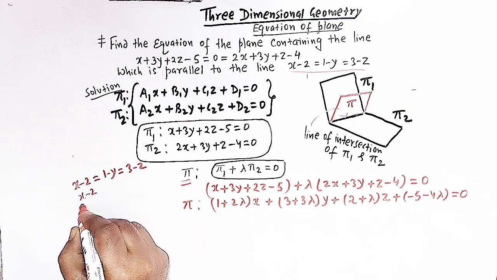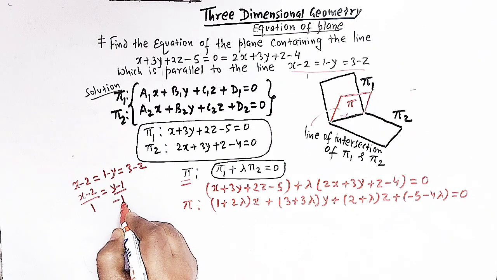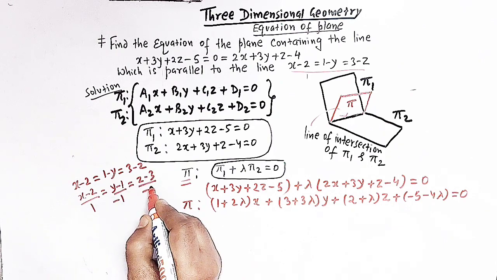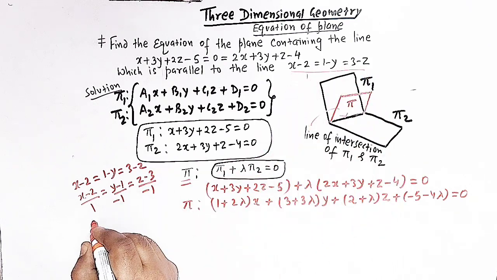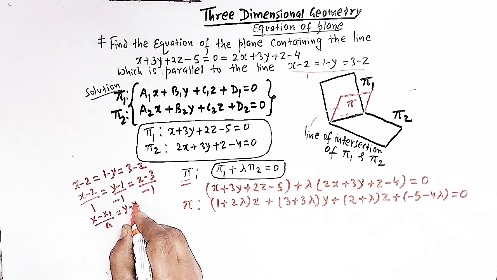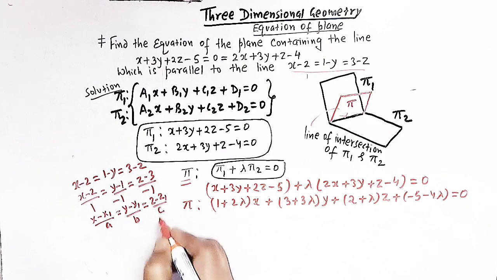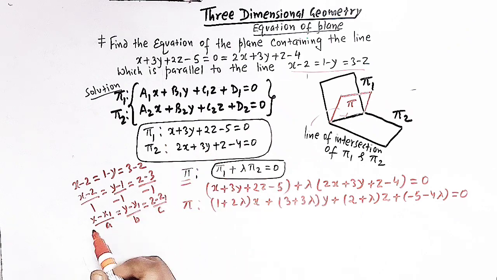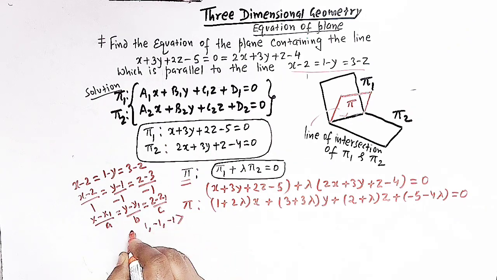So we have x minus 2 over 1, y minus 1 over minus 1, and z minus 3 over minus 1. Now we have written this equation in the form x minus x1 over a, y minus y1 over b, and z minus z1 over c. So the direction ratios of this line are given by 1, minus 1 and minus 1.